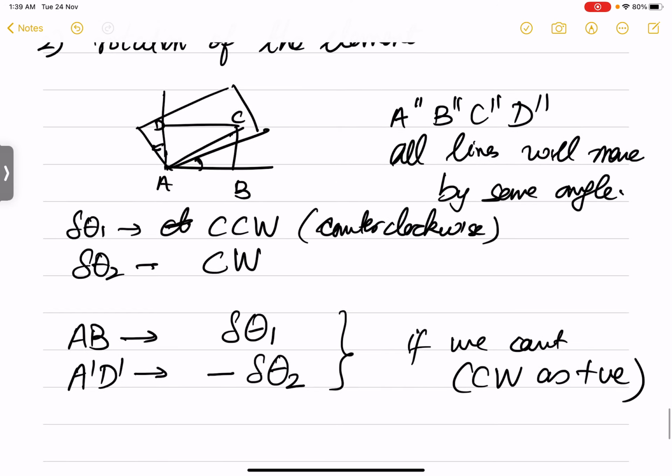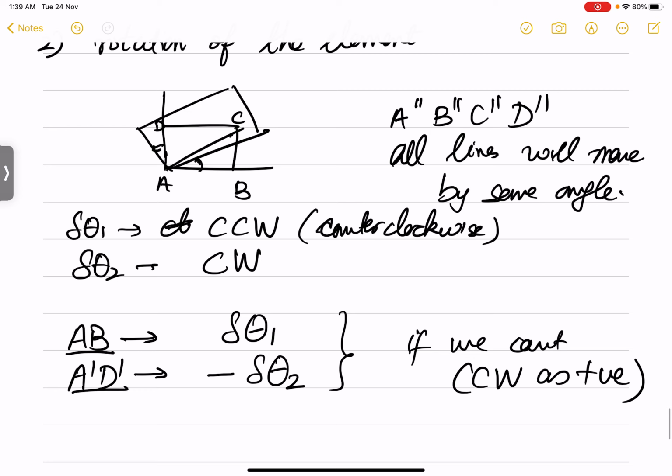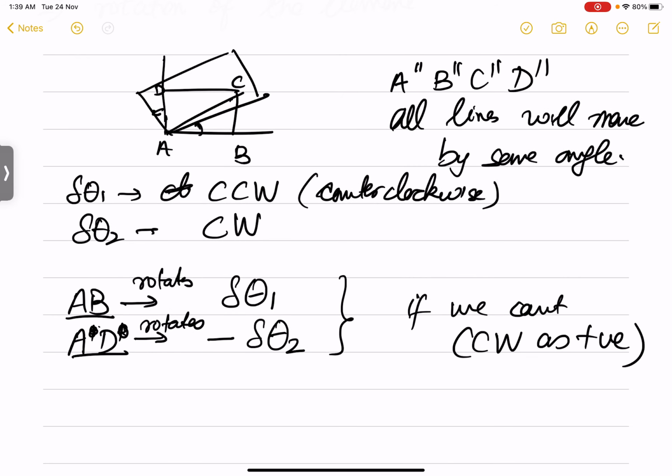So now this is for the line elements AB and AD. In fact I can even remove the prime. AB rotates by delta theta 1, AD rotates by delta theta 2 with a minus sign.